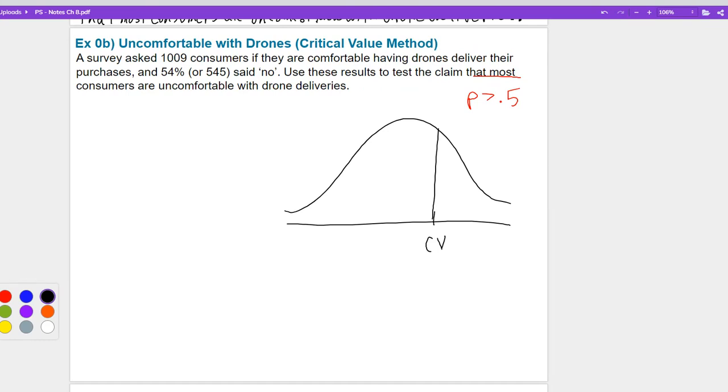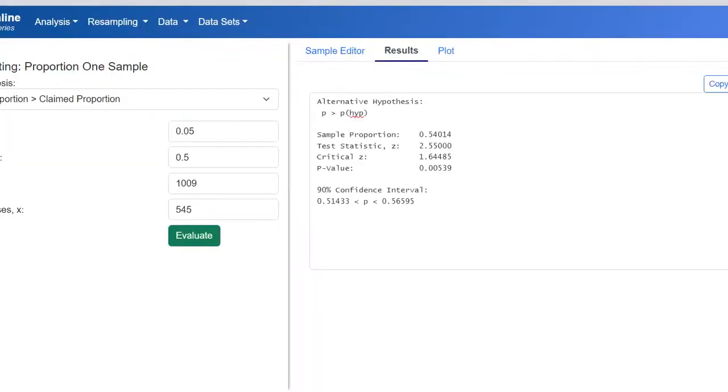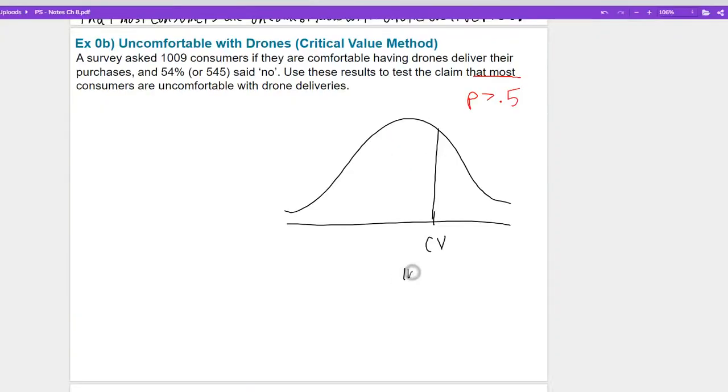So normally what we would do, well, if you didn't have this telling you it was 1.64, what we would do is inverse normal, and you'd say, okay, if alpha was 0.05, then this is 0.95 over here, and this is 0.05 over here.